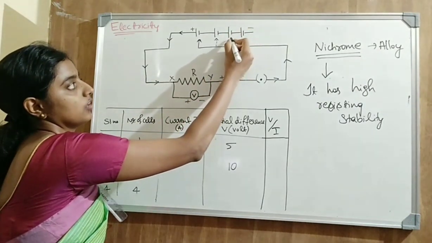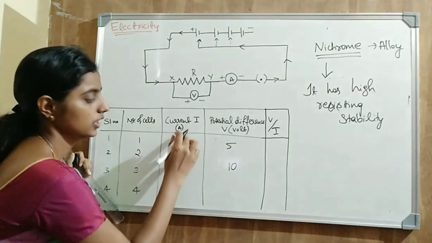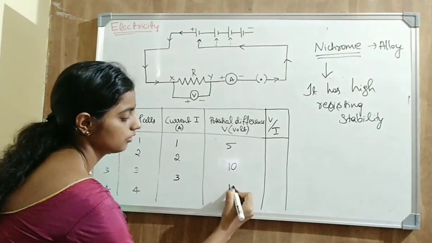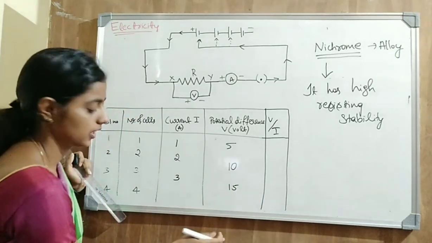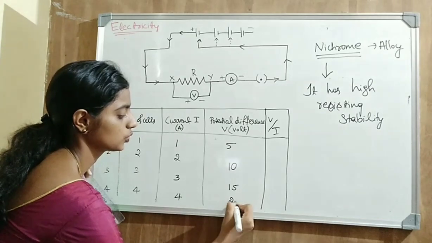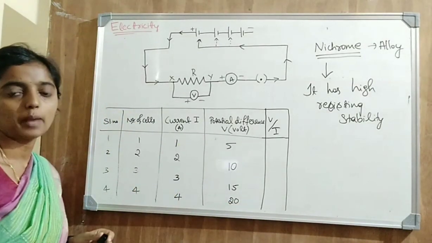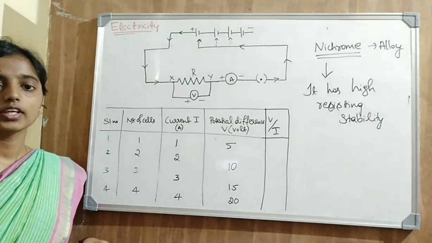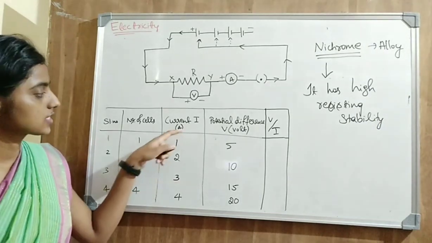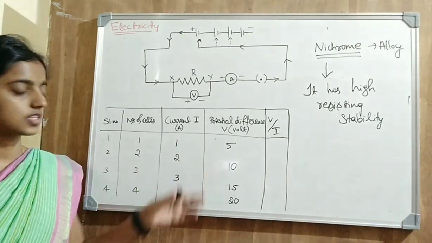In the third trial, when we connect the third cell, we got 3 ampere as current and here 15. In the similar manner, for the fourth one we got 4 and 20. By looking at the tabular column, what we can notice, as current increases, potential difference also increases, right?